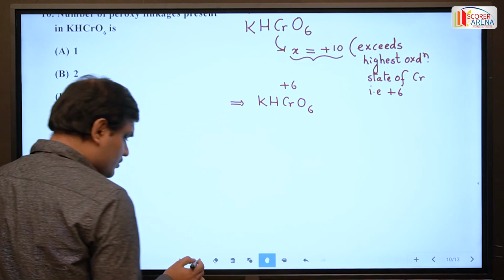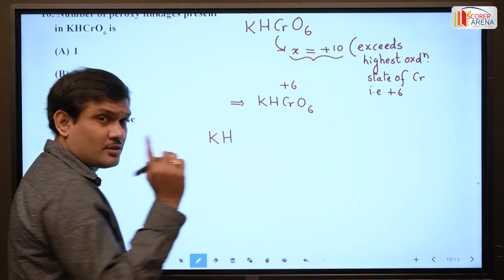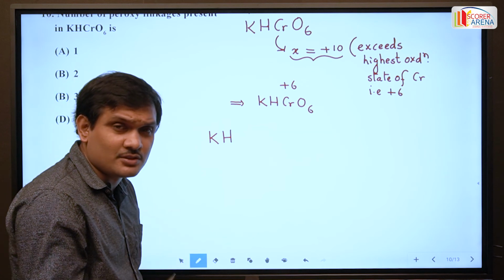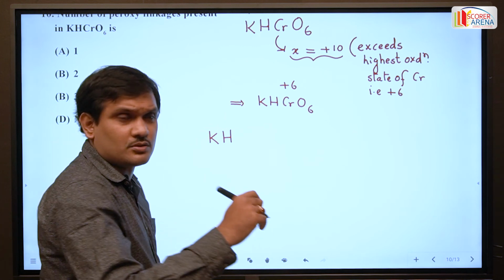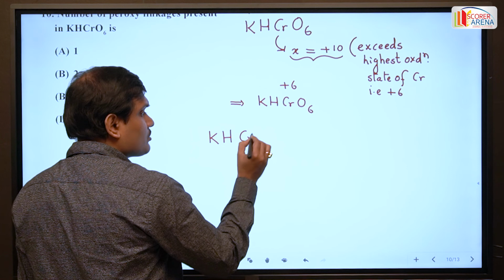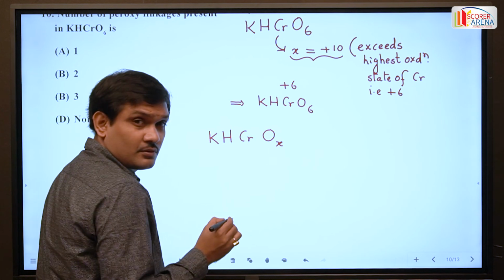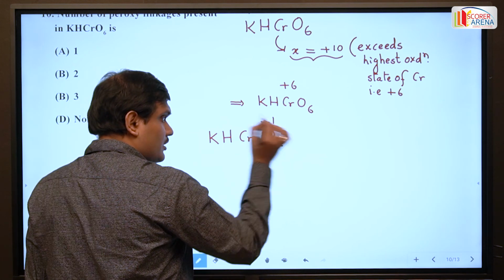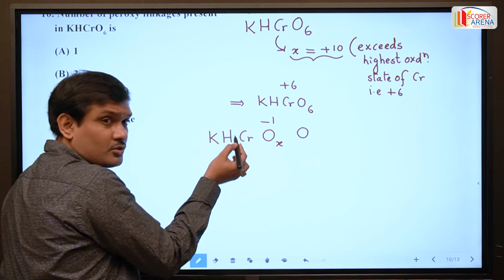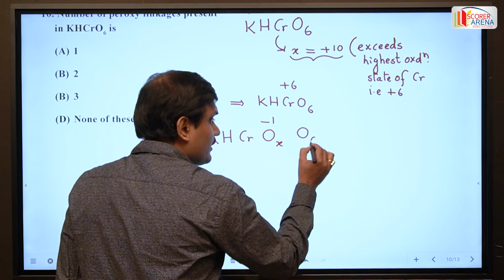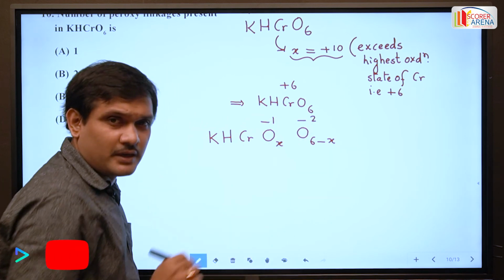In KHCrO6, I am taking a general consideration that if it exceeds the highest oxidation state, definitely some oxygen are present in the form of peroxide. I don't know how many oxygens are present as peroxide, so I am taking this value as X. Definitely here oxygen is -1, and the rest of the oxygen, 6 minus X, will be present as oxide, that is -2.